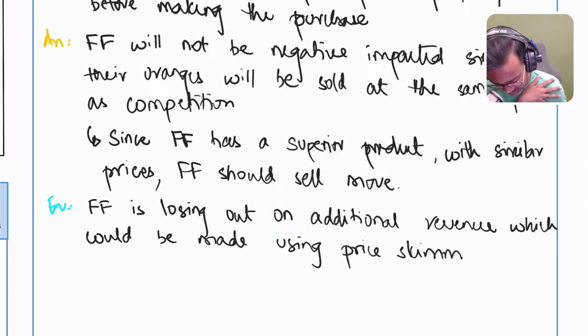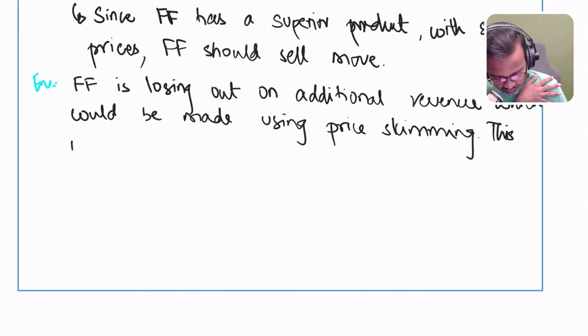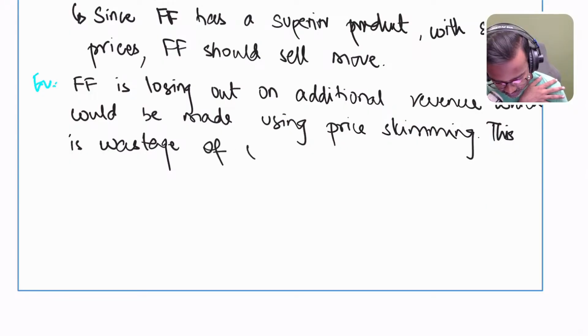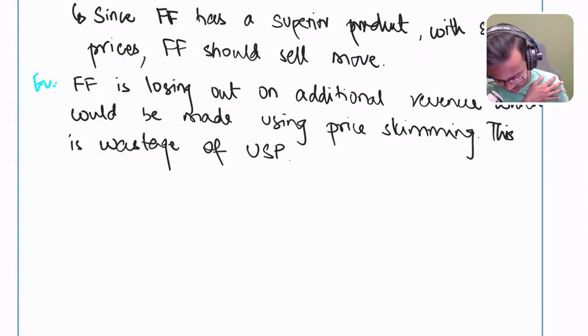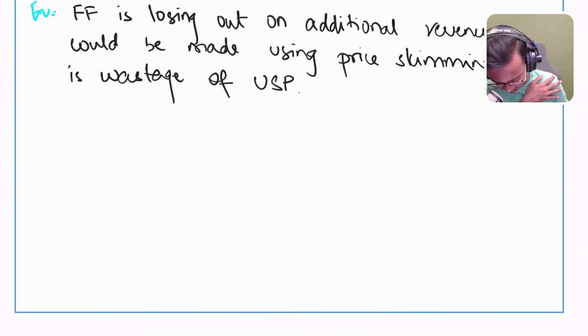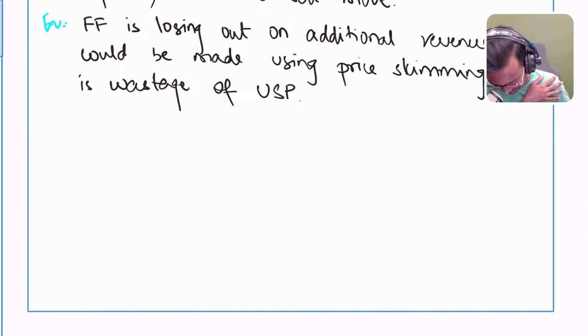So basically that they have a USP but they're not using it. So this is wastage of USP, right? You have a USP and we know that as long as you have a USP, you go for price skimming. But if they don't, then clearly it's at a loss for them.